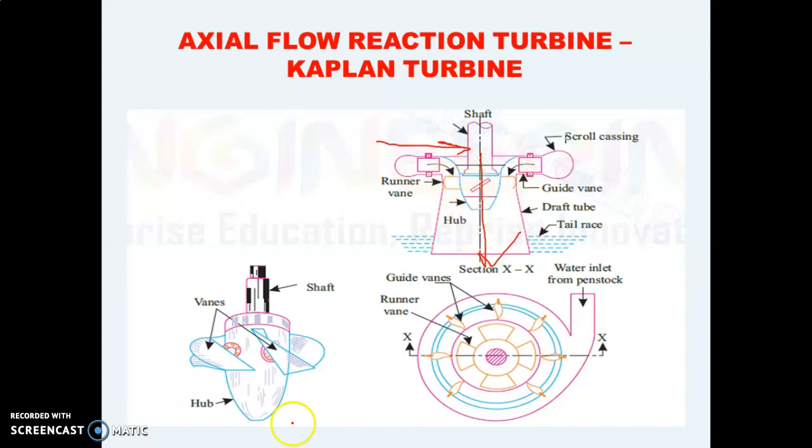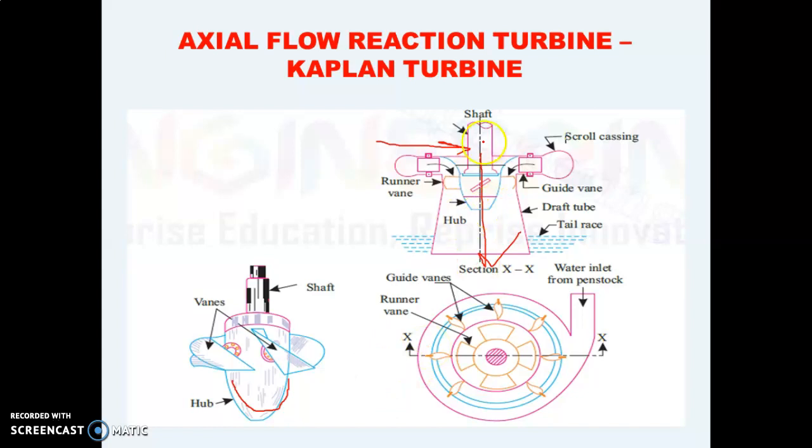This part is the hub, and above it is the shaft. The lower end of the shaft has a bigger end known as the hub, and on that hub a number of blades are attached, which are known as the runner blades. So we'll see how it works.